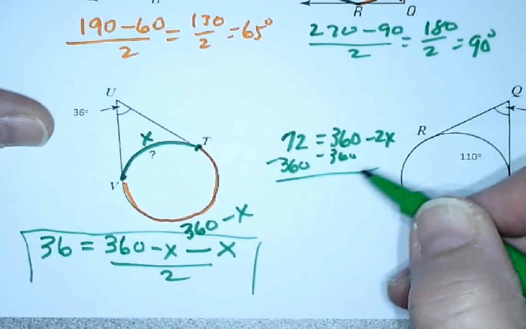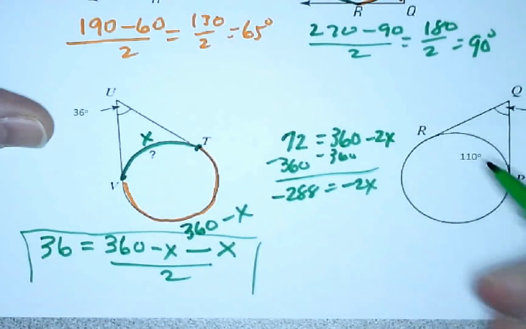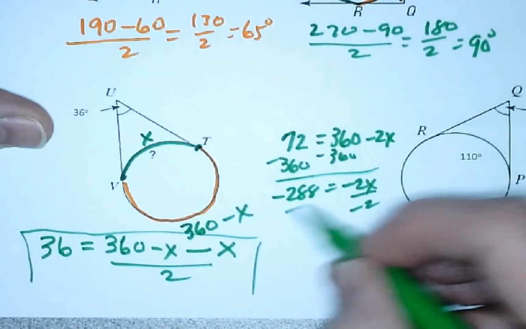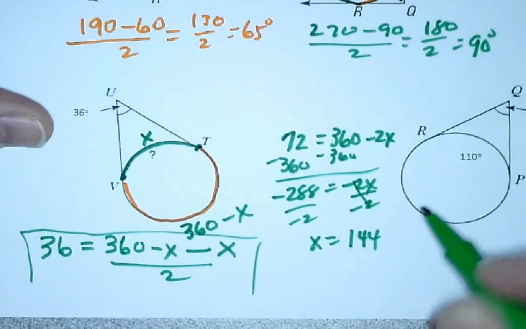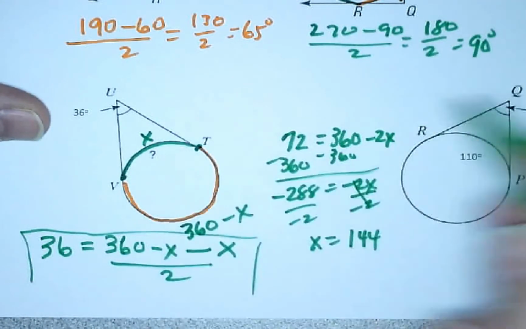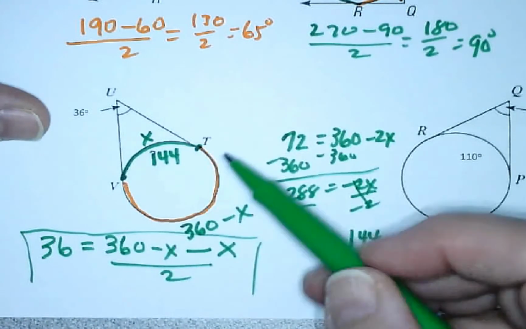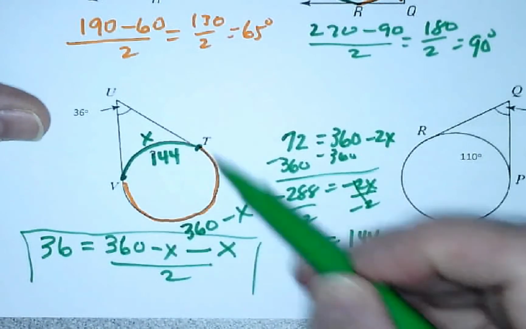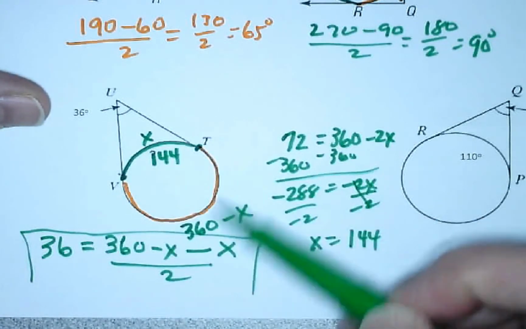So when I do that, that gives me negative 288 equals negative 2x. Divide both sides. So x equals positive 144. If you remember, x was this arc here, that's 144. We could also find this one outside here if we needed to, just by taking 360 minus the 144, and that would tell me this orange one.